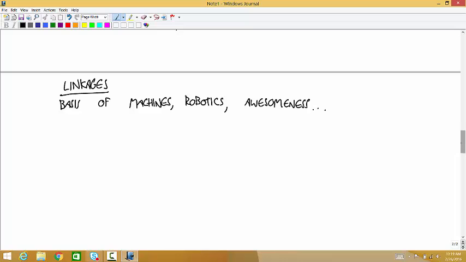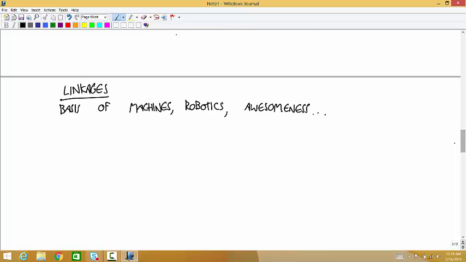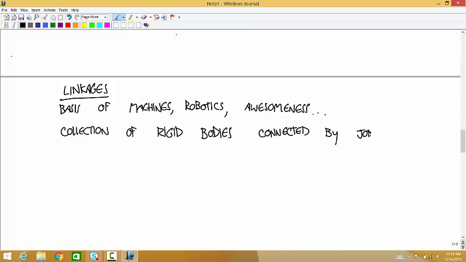We probably won't get through it today, but the definition of a linkage is a collection of rigid bodies connected by joints that's not in static equilibrium.